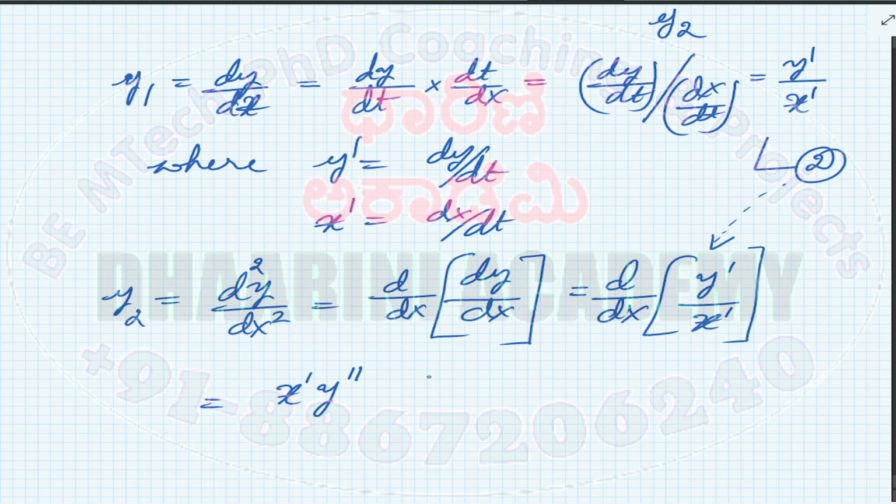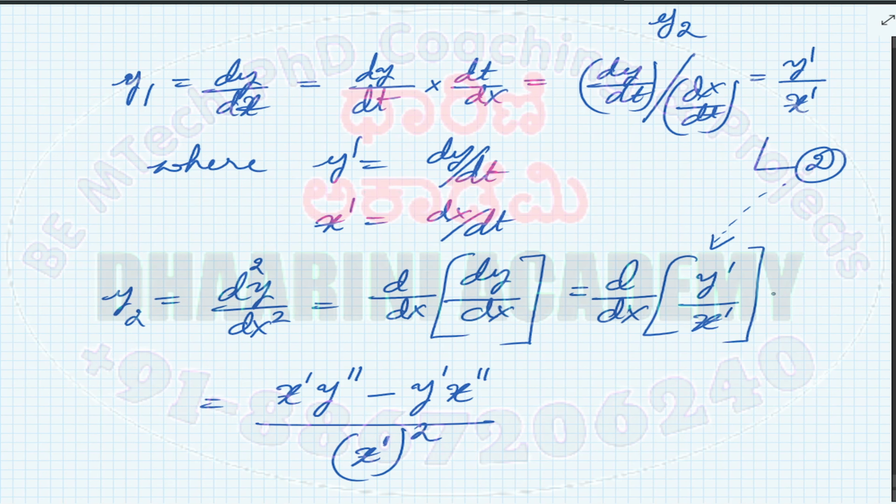Then subtract, minus, write the numerator as it is, that is y dash, times the differentiation of the denominator x dash, which becomes x double dash. The whole divided by the denominator x dash, the whole square.